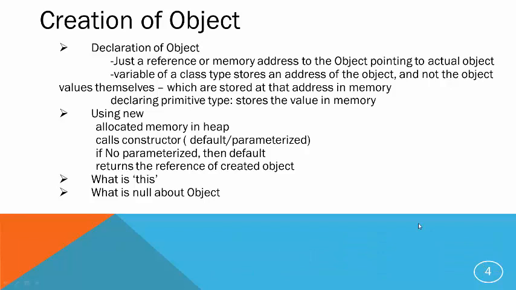Okay, so let's talk about creation of objects. So far we understood how to create the class, how to create the package, what the access modifiers are, what public is, constructors, everything.